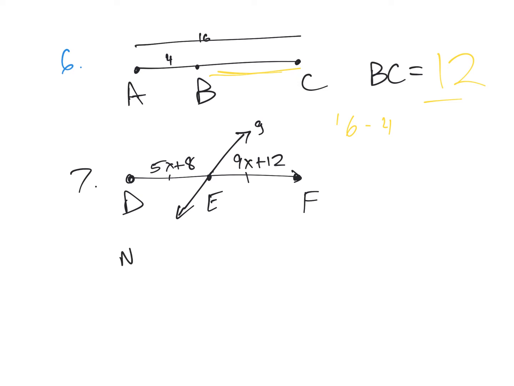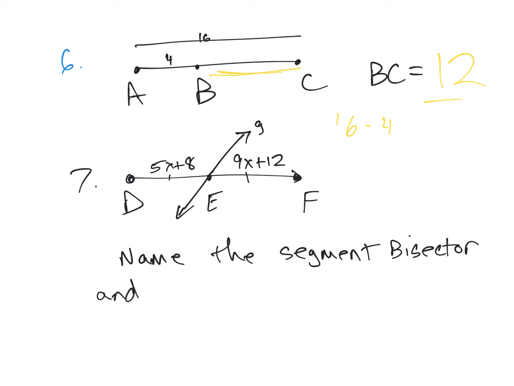So, name the segment bisector, and tell me what EF is. So, the segment bisector is line G. Hopefully nobody missed that one.